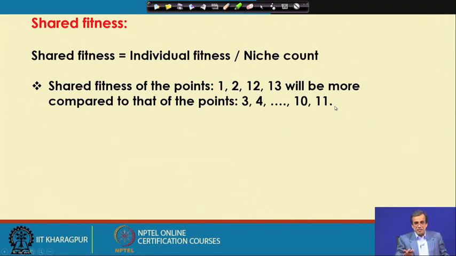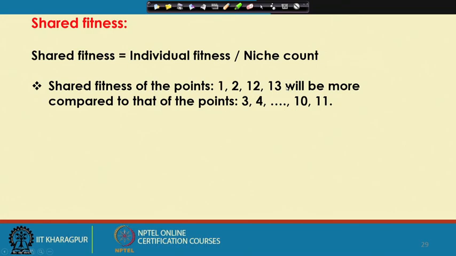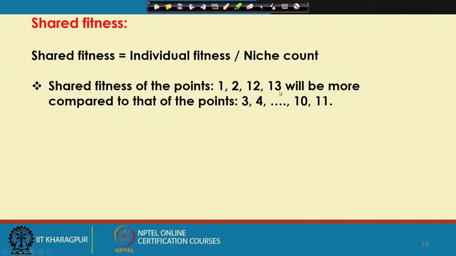Now, if I do the reproduction or the proportionate selection based on the shared fitness in place of the original fitness, there is a possibility that in the mating pool there will be more copies of these particular points like 1, 2, 12 and 13. This mating pool is going to participate in crossover, and after that there will be mutation.